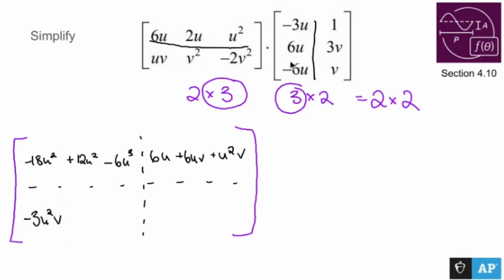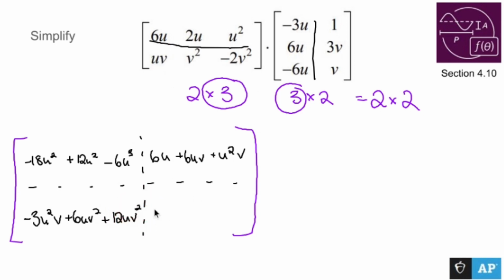V squared times 6uv is going to be 6uv squared. Negative 2v squared times negative 6u is going to be plus 12uv squared. A little bit of combining.